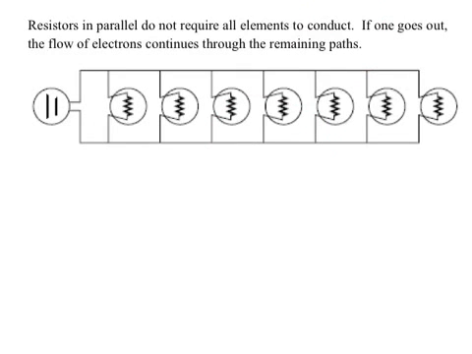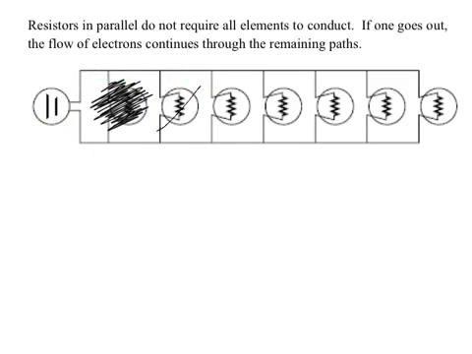Now let's take a look at resistors in parallel, and they do not require all elements to conduct. So if one goes out, the flow of electrons continues through the remaining paths. Let's illustrate this. Imagine, if you will, that this entire path did not exist. It went out. That bulb blew and there was no longer a path there. Well, it doesn't matter, because the voltage will push the charge carriers through all the rest of these continuing parts.